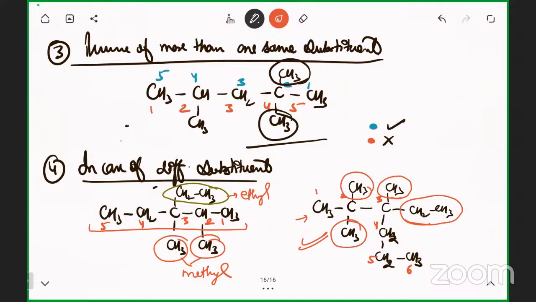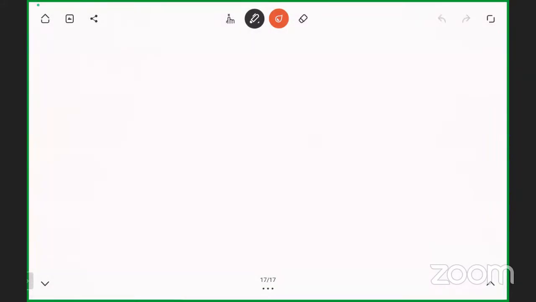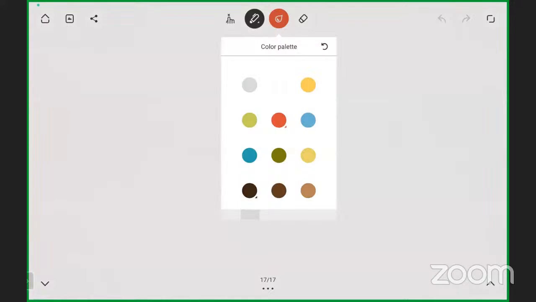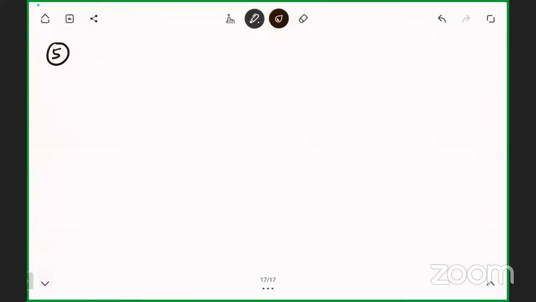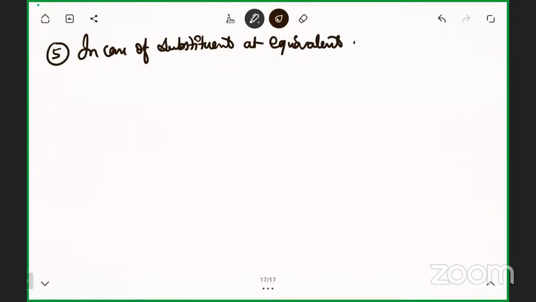Now tell me the fifth rule. In case of substituents at equivalent position, it means the alkyl groups are present on the equivalent position.